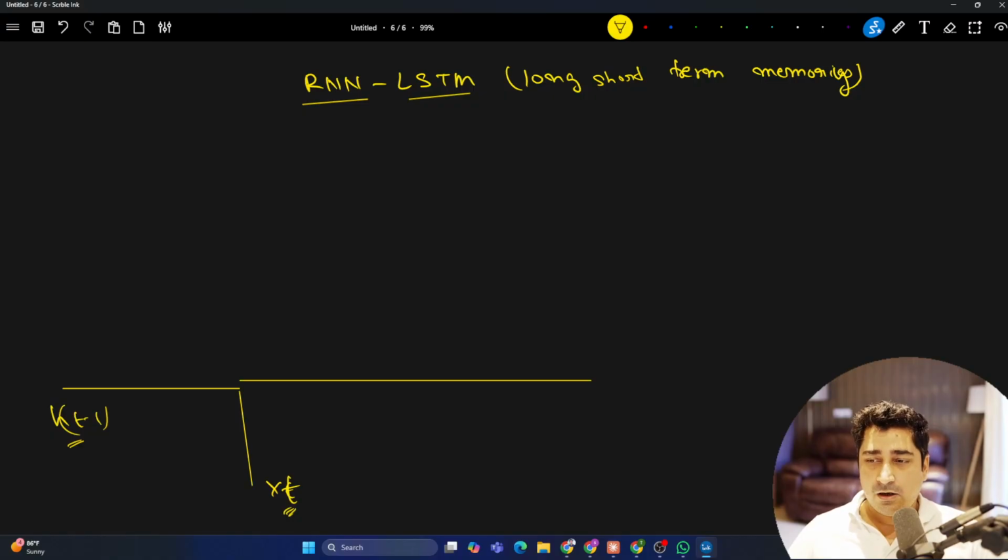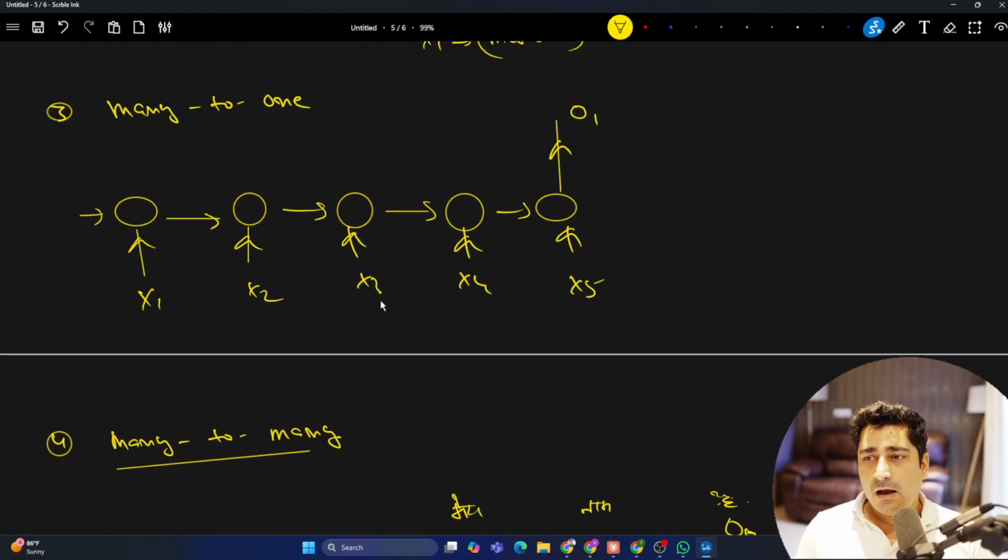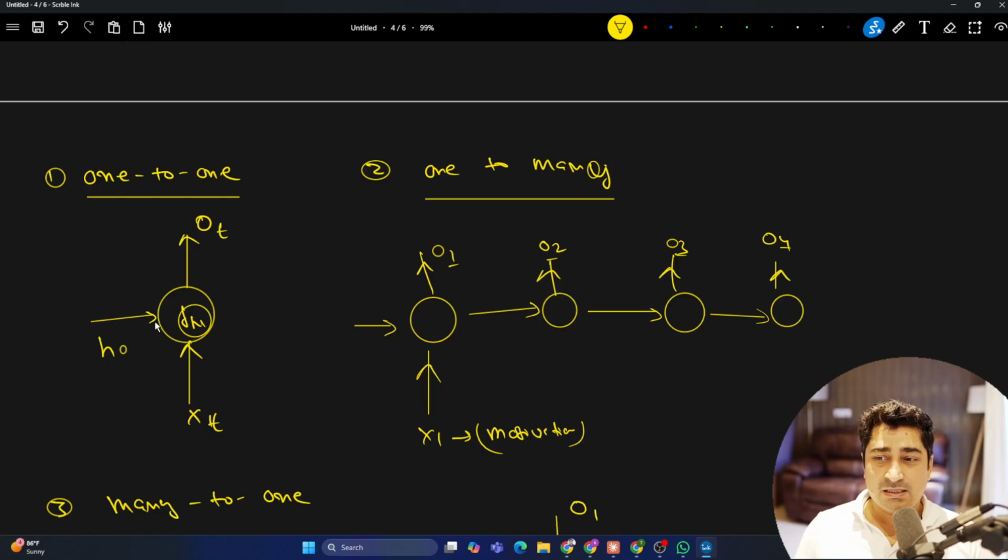Now people said that inside this, let's try to build not just one single neural network. Let's build this RNN LSTM in such a way that it should be a combination of neural networks, right? So far, if I talk about one-to-one, it's a single neural network.